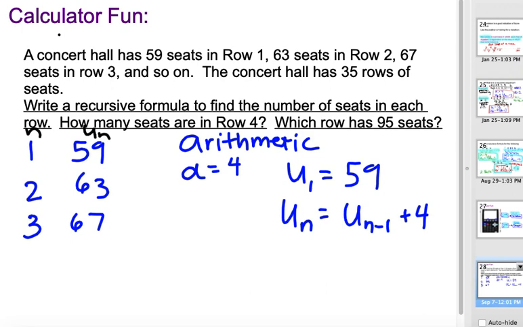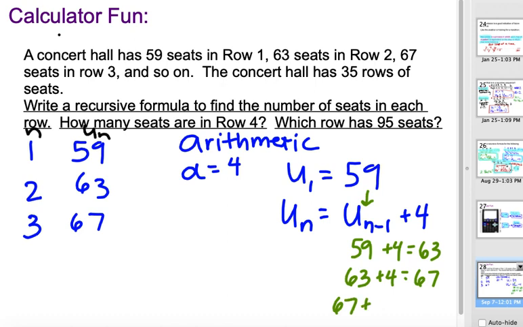So if I plug in 59 plus 4, I'd get to 63, which was the value of my next term. Then if I plugged in 63 plus 4, I'd get to 67, which was the value of my third term. You could keep going like this. That's what recursive is. 67 plus 4 gets me to 71. And that's actually going to help me answer the second question.